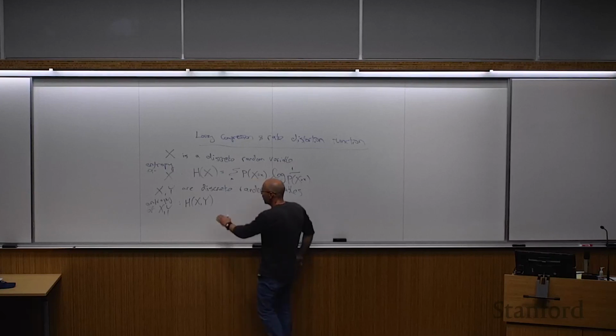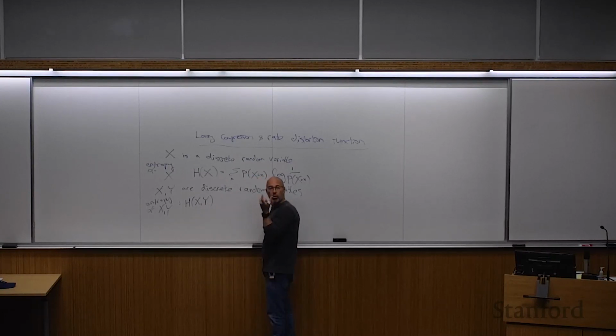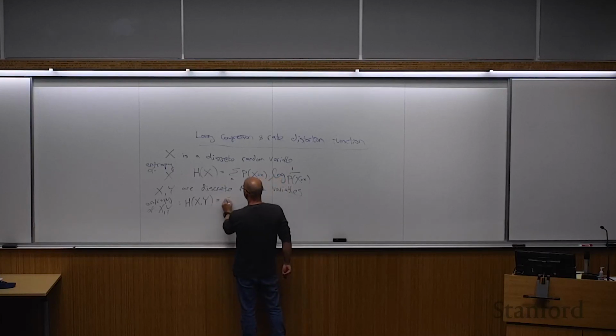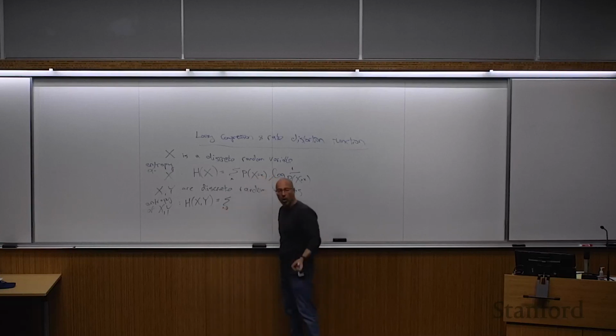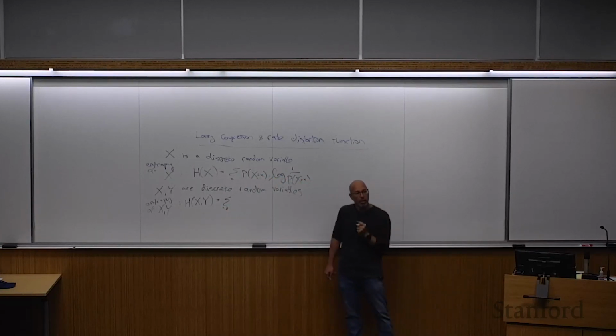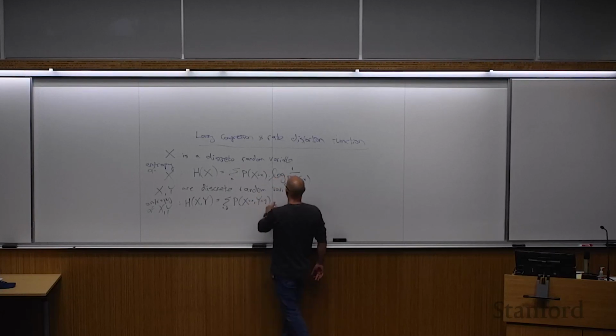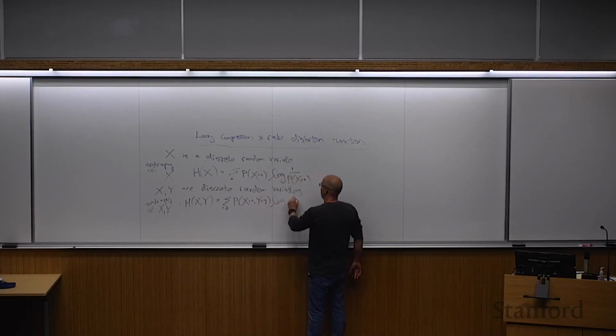So it's the sum over all the values small x, small y that this pair can take, the probability that X is equal to small x and Y is equal to small y, times log of 1 over this probability.